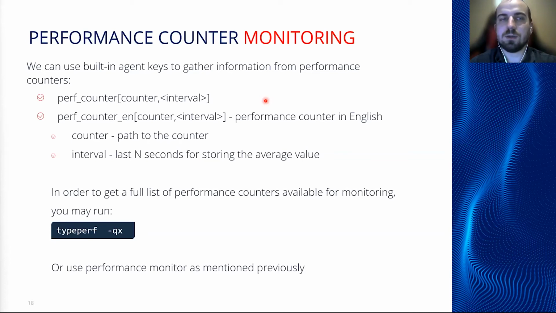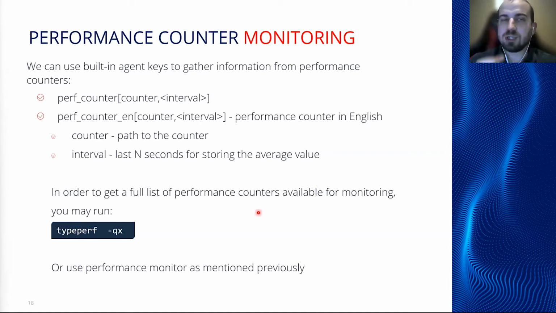And people there, of course, prefer to use Windows in their native language. From the monitoring perspective, that could potentially mean that you would need to specify each performance counter name in the locale this Windows is running, which, when we're talking about massive metric collection, will be time consuming. So to avoid this, you can use perf_counter_en, and just specify the performance counter name in English as it is in the Windows registry.